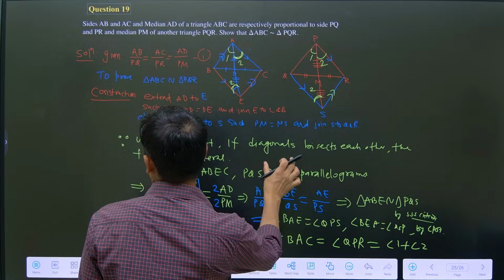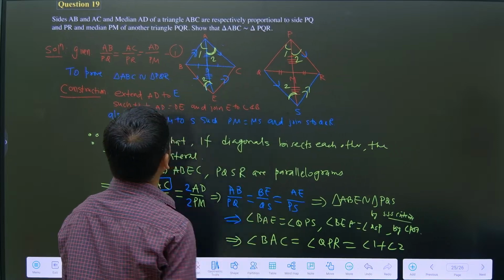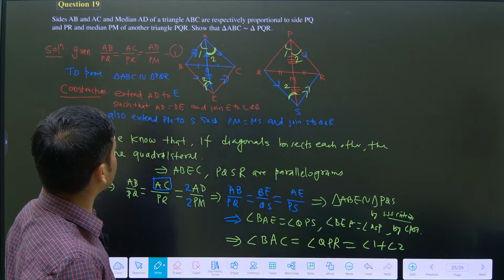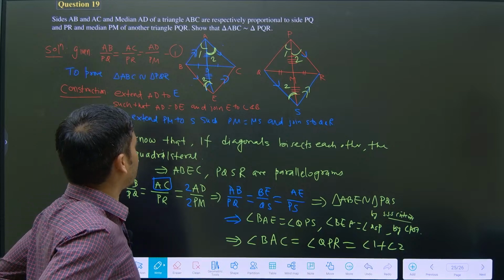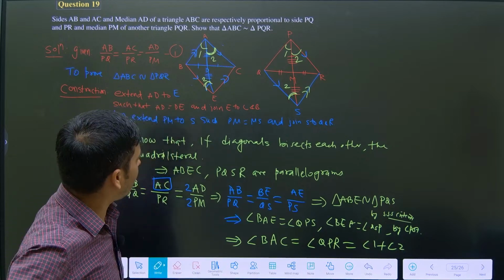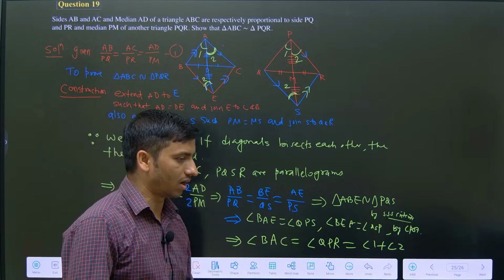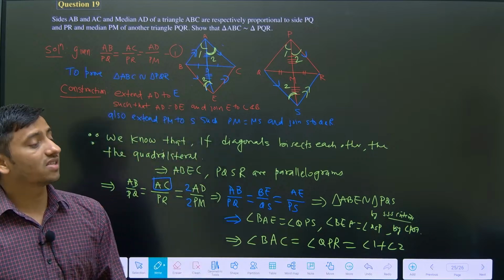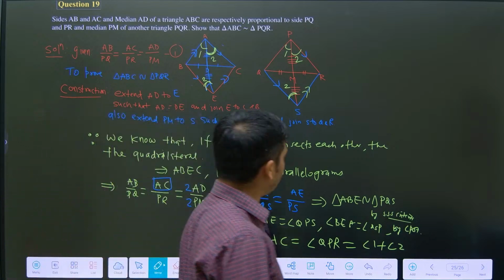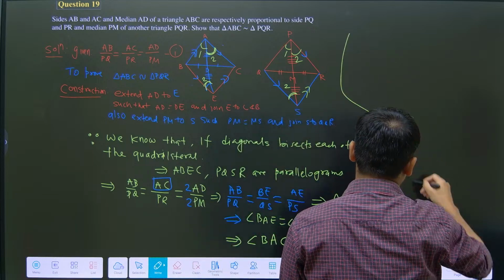I think we have, right guys? Because already we know AB is proportional to PQ and AC is proportional to PR, and angle A and angle P be proved equal. So by SAS criteria, we can say this triangle ABC and PQR must be similar.